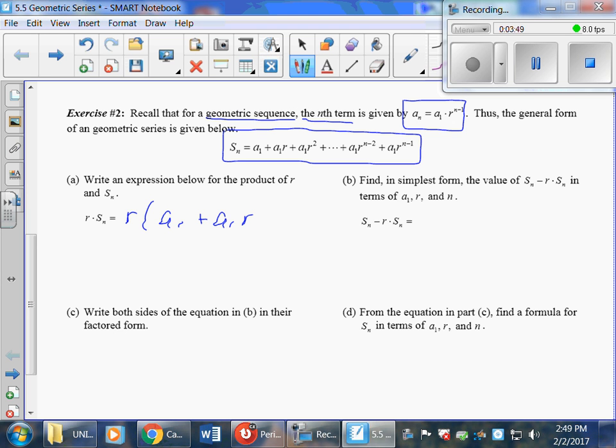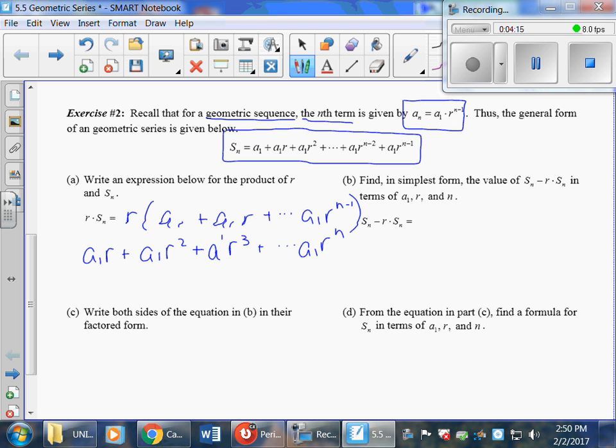My goodness, this board is just going crazy. Plus dot, dot, dot, a1 r to the n minus 1. Then what does that look like? It looks like a1r plus a1r squared plus a1r cubed plus dot, dot, dot, a1r to the n.